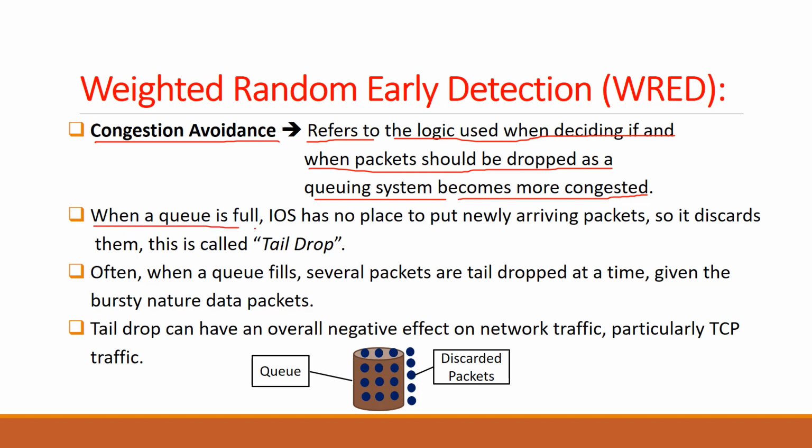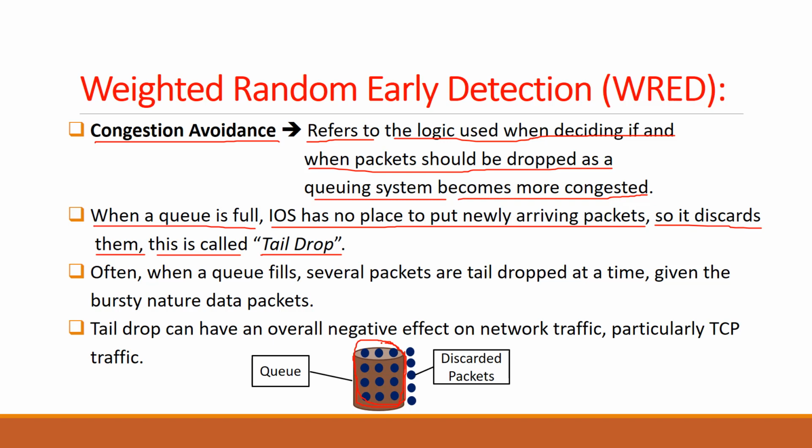So when a queue is full, IOS has no place to put newly arriving packets, so it discards them, and this is called tail drop. As you can see in this figure, this is the queue, and it has a lot of packets, so it is full.